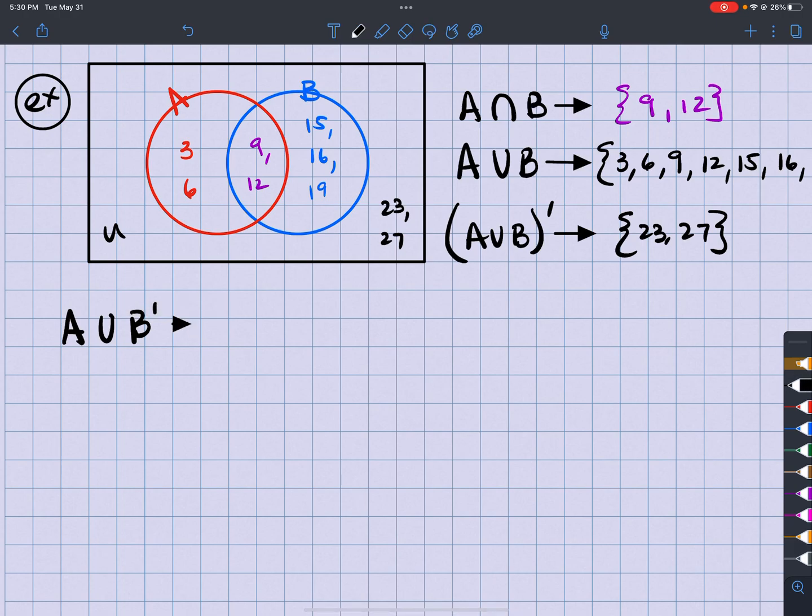Why not? Okay. So if I was to look at A, what's A? A was 3, 6, 9, 12. I want to union that with the not B. So do we know what not B is?